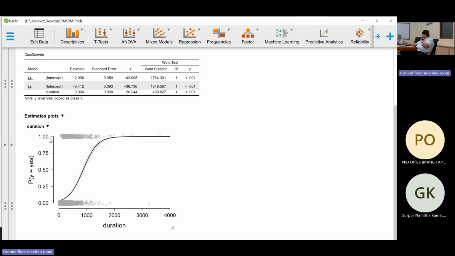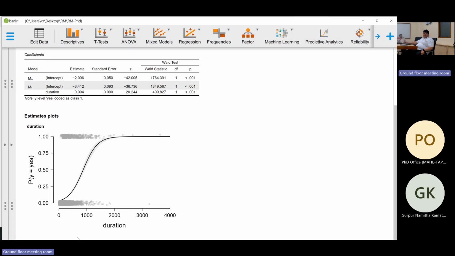What does probability of y equal to yes equal to 1 mean? That is certainly that person is taking the deposit, and 0 means he is not at all interested in taking the term deposit.